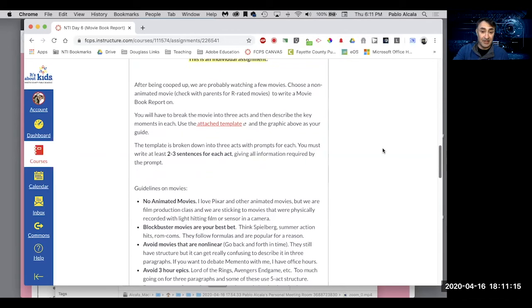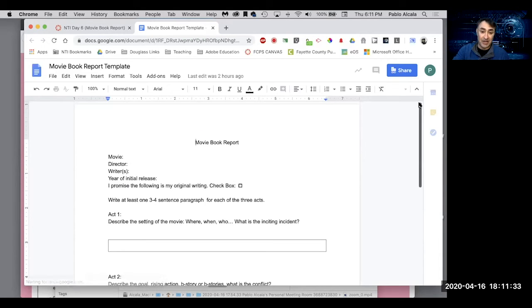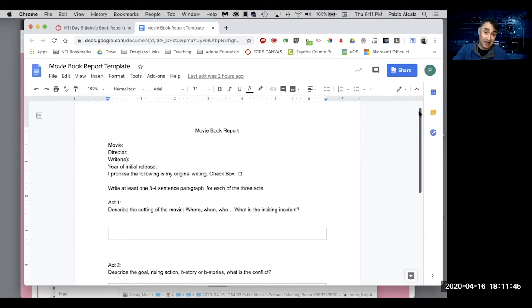So I have a template here. So you know how to use Google Docs. You can't edit this one because that would affect the one that everybody else in class is using. So you're gonna create a copy up here. And then you're going to rename that copy so that you can find it later.